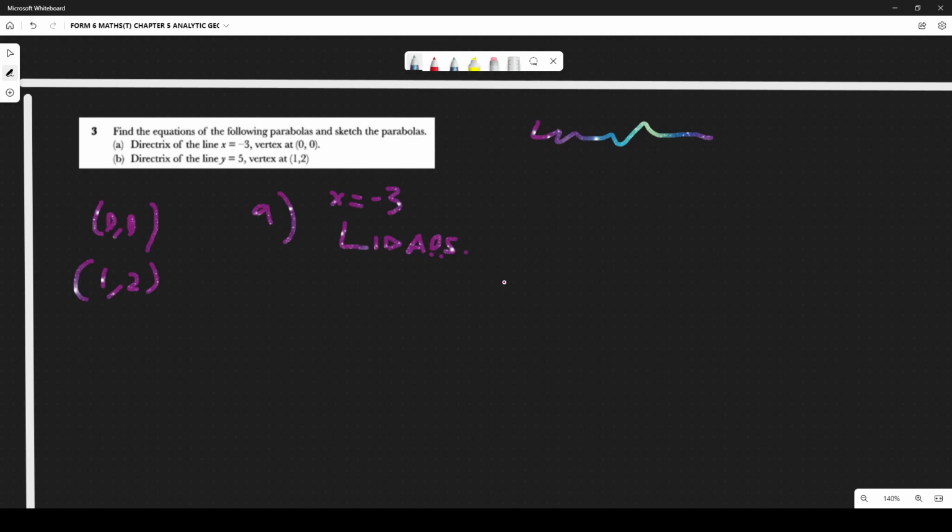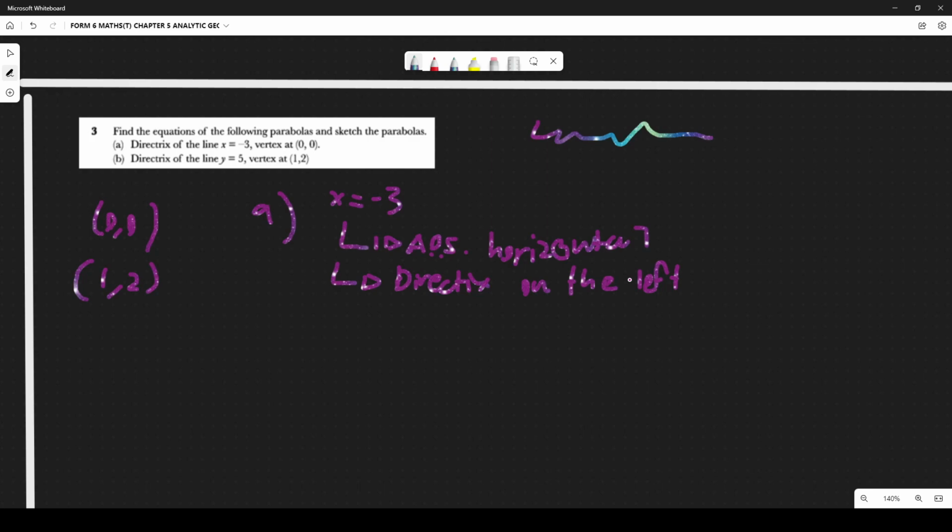And if you notice, it's negative 3, so that means the directrix is on the left.